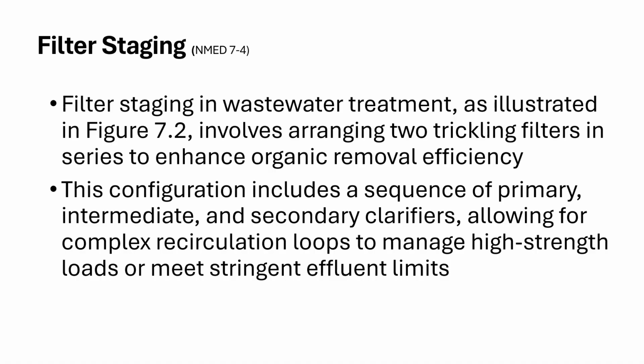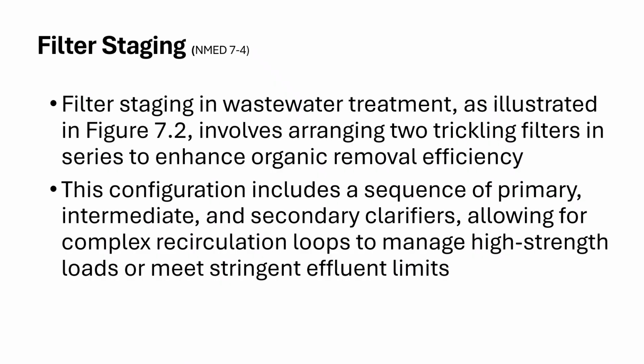Okay. Staging. We're going to show figure 7.2 in just a bit, but the idea is, as we talked about earlier, we can arrange trickling filters in series, and we can increase our removal efficiency of our BOD. And the idea here is we can have a primary, an intermediate, and secondary clarifier.